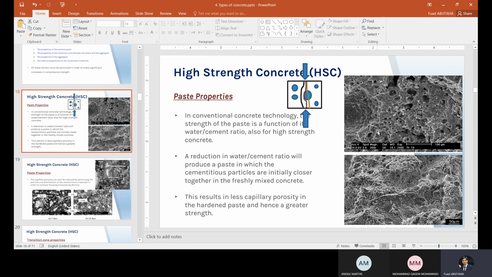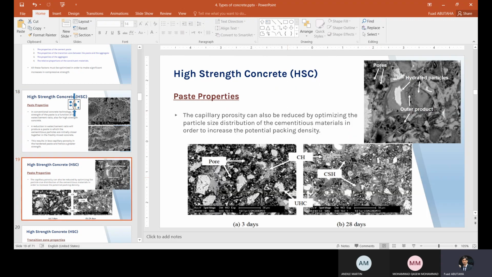So these voids can also be filled by the mineral admixtures. So these are the methods to enhance the cement paste: by reducing the water cement ratio, reducing the porosity of the concrete, and also by filling all these voids inside the cement paste and making the cement more compacted.